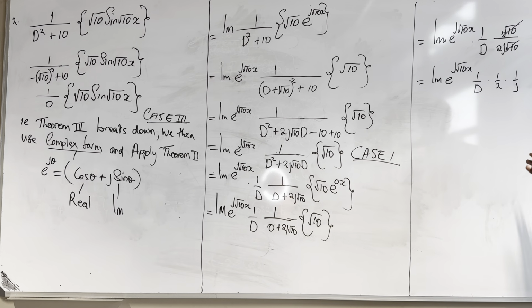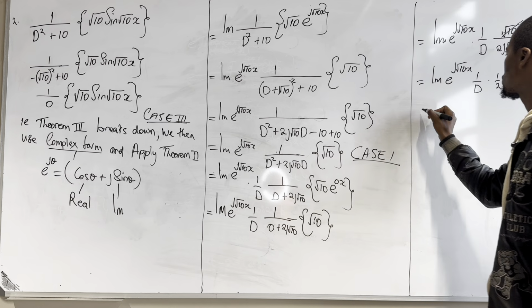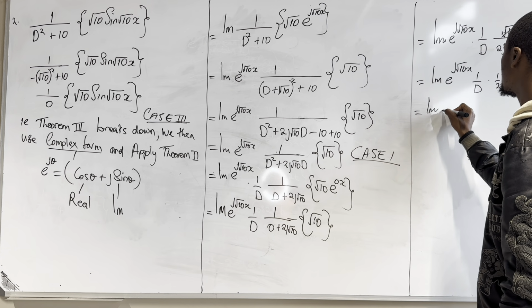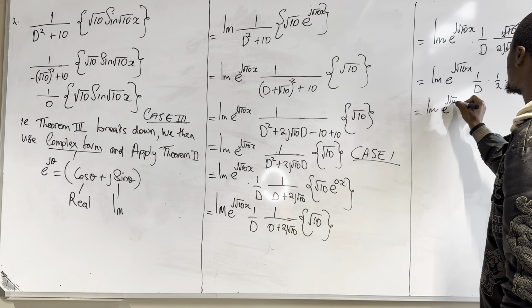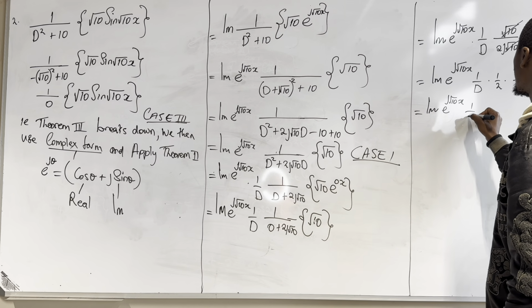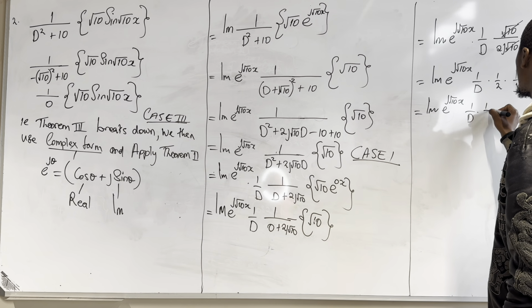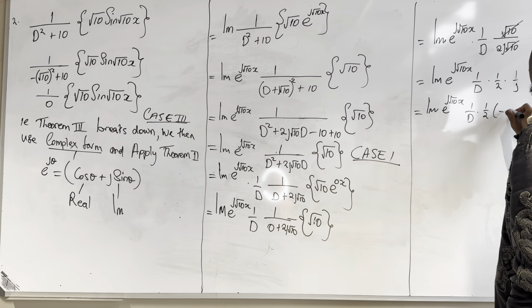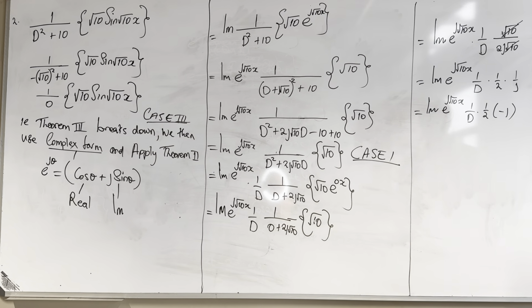Okay, so you need to note that 1 over j is equal to negative j. So we're going to substitute here. We have the imaginary part of e to the power of j root 10x, and then 1 over d, times 1 over 2, and then negative j.